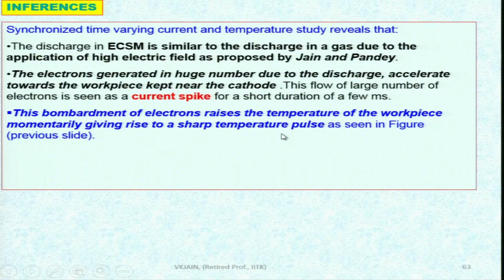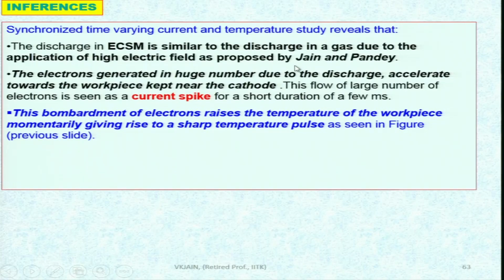This bombardment of electrons raises the temperature of the workpiece momentarily, giving rise to a sharp temperature pulse as seen in the previous slide. Now, here I would like to mention that these electrons which are emitted move towards the workpiece at a very high velocity, and due to the kinetic energy they raise the temperature of the workpiece to a very high value at which it can melt and even vaporize.